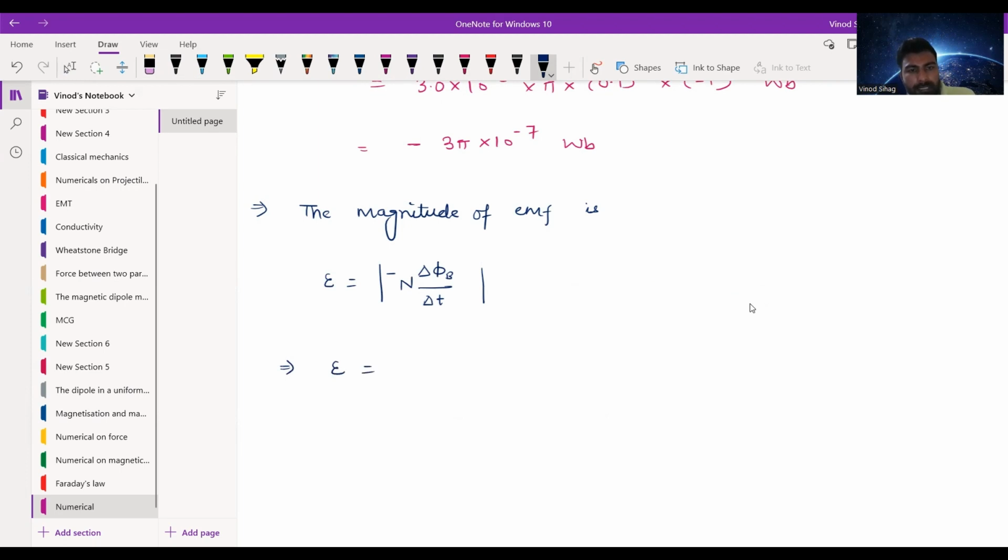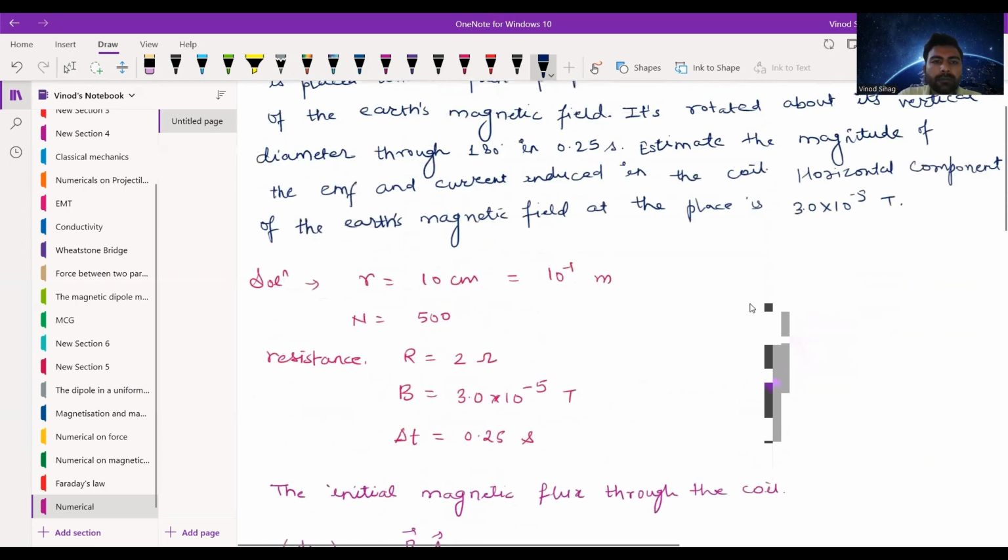If the minus sign is multiplied inside, it will be N times (phi B initial minus phi B final), divided by time delta T. This is the equation. So finally, the value of N is given, that is 500 turns.